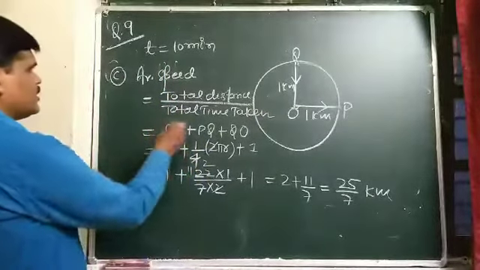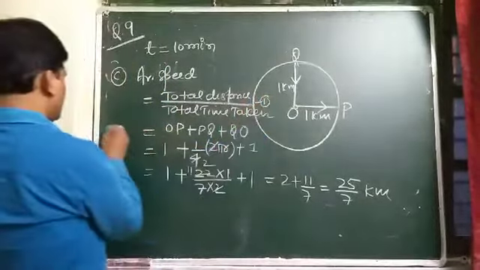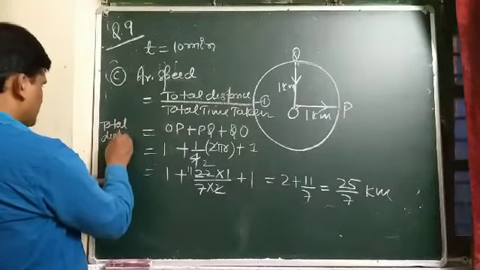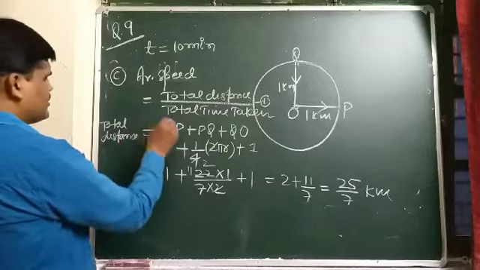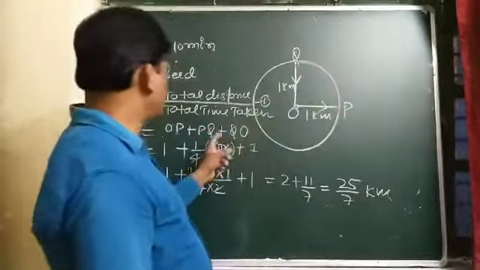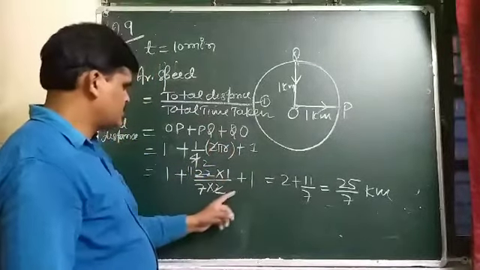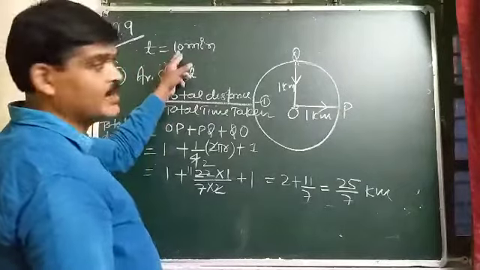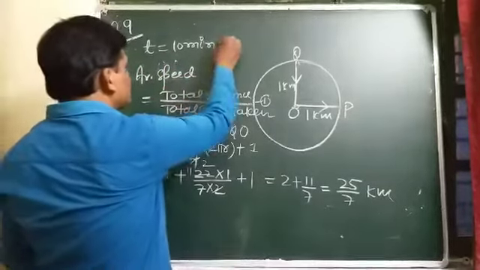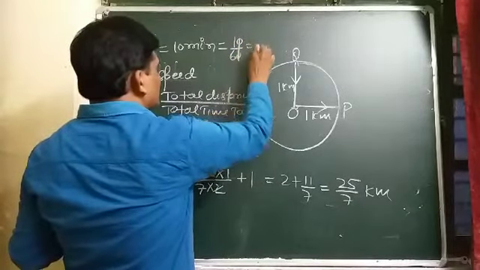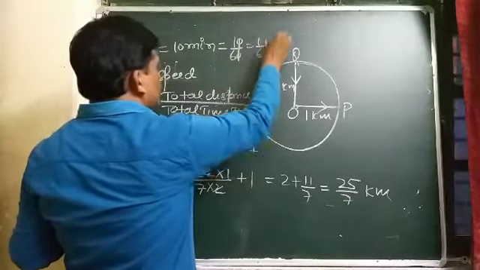So total distance, this is equation 1. Suppose that this is total distance. First we find total distance OP plus PQ plus QO, and this comes out to 25/7. Now what is the time taken? 10 minutes. 10 minutes can be changed into hour, that is 1/6 hour.